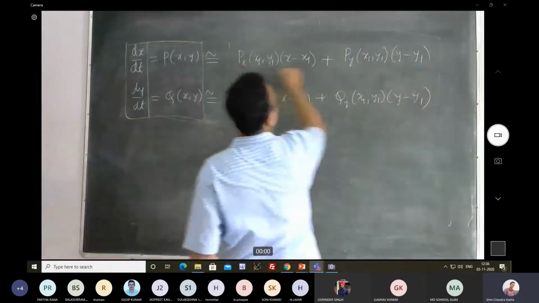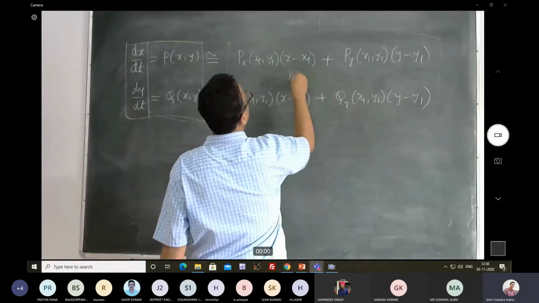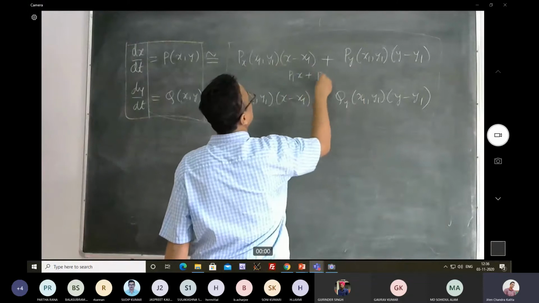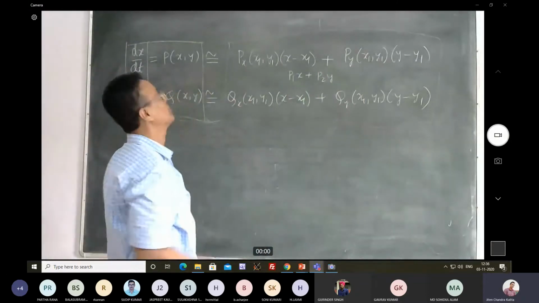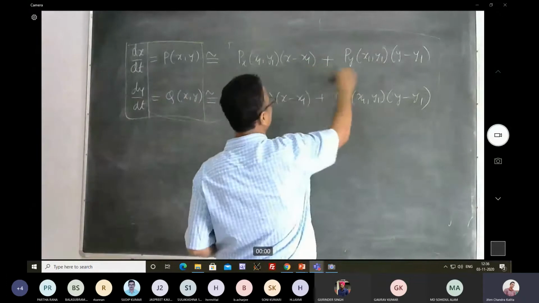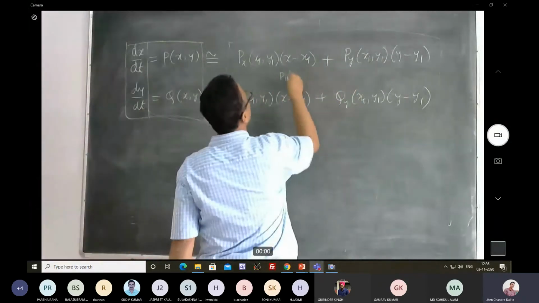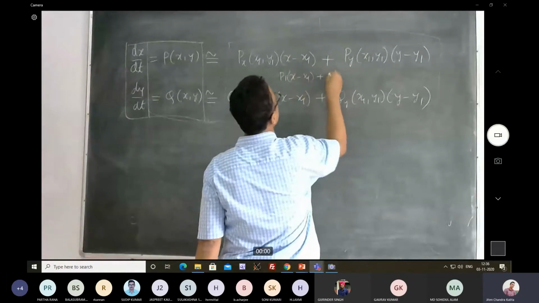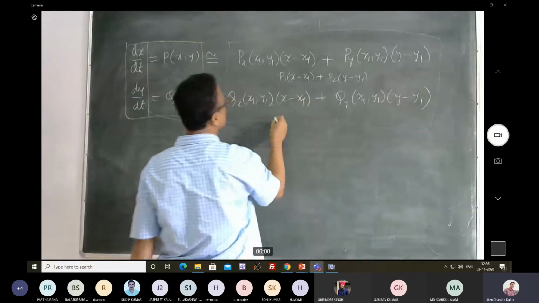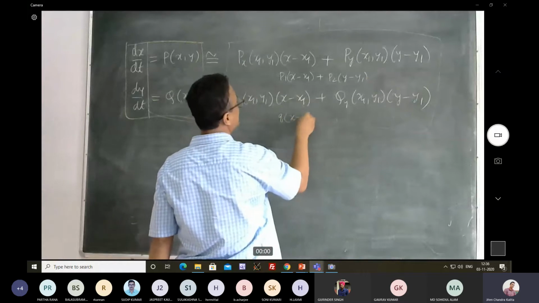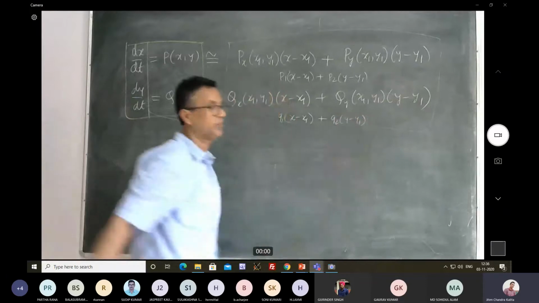Eventually it is going to give you something like p1(x minus x1) plus p2(y minus y1). Obviously, similarly, this is q1(x minus x1) plus q2(y minus y1).